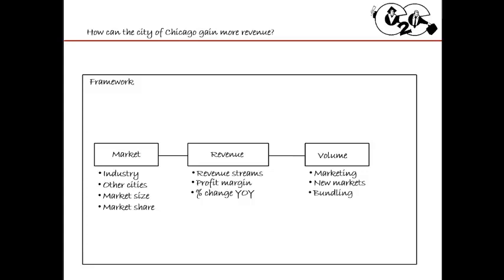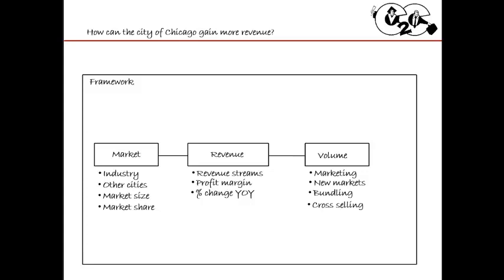Is there bundling available? So the ability to bundle these products together to make it easier for the residents of Chicago, who are essentially the consumers, to keep spending money in the city. Are there cross-selling capabilities? Cross-selling is essentially getting someone to buy something else from that store. So essentially, Chicago would be the store.